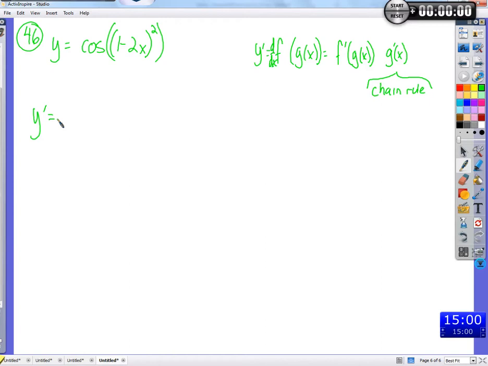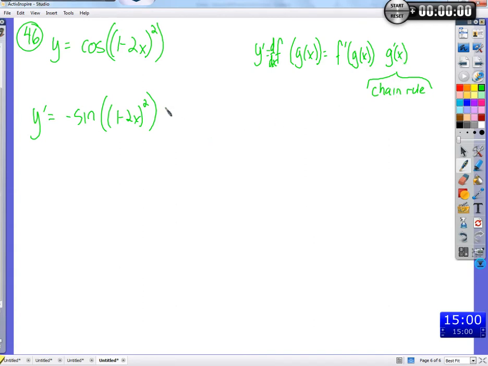Okay, so first we take the derivative of the outsidest function. This is the function that's the most outside. The negative sine of that thing, of 1 minus 2x squared. Then we come over here, we're going to multiply by the derivative of the inside function, which we've made note over here we need to use the chain rule to do.